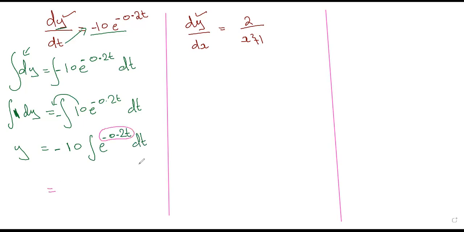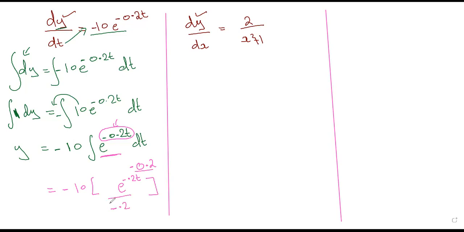It is minus 0.2. And how do we integrate exponential functions? By dividing by the derivative of the power. So minus 10 is outside the integral, it will come as it is. Now we write down the integral of this part: e to the minus 0.2t will come as it is, and this derivative of the power will be divided. So are you clear so far?